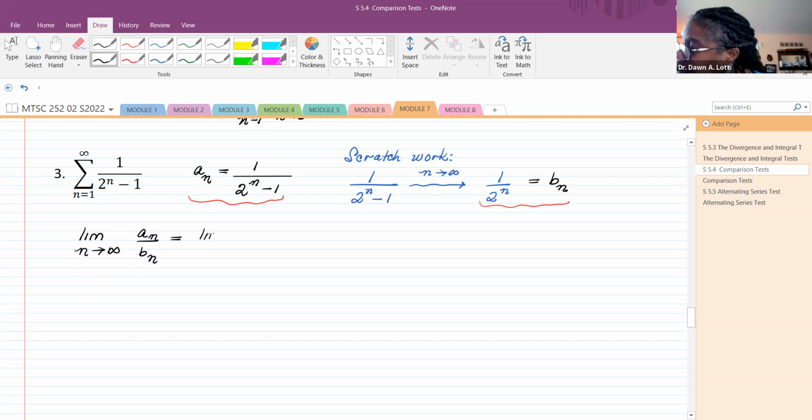So I'm going to get the limit as n approaches infinity of 2^n in the numerator and 2^n minus 1 in the denominator. So I need to compute that limit.